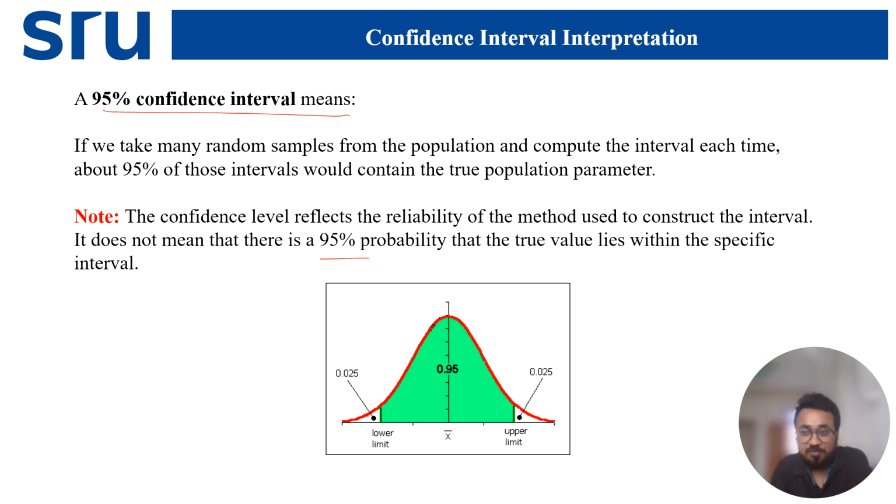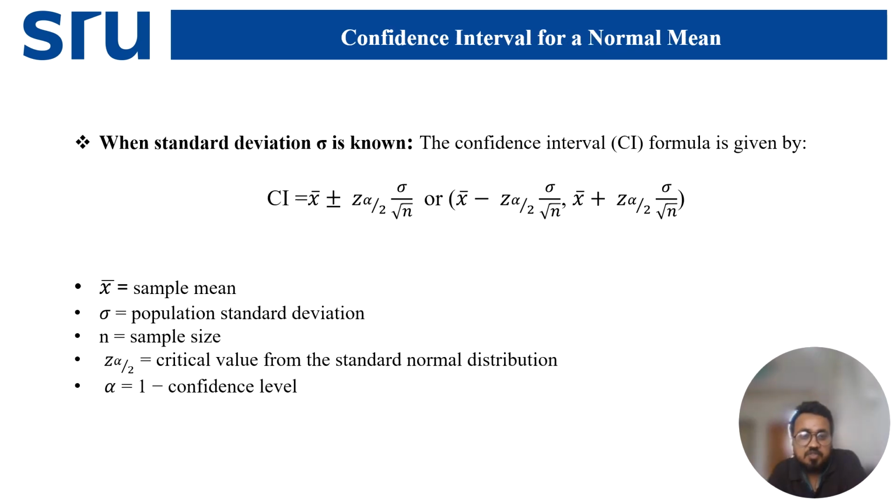Now we will discuss the confidence interval for a normal mean. We will find it in two ways: when the standard deviation sigma is known and when the standard deviation sigma is not known.